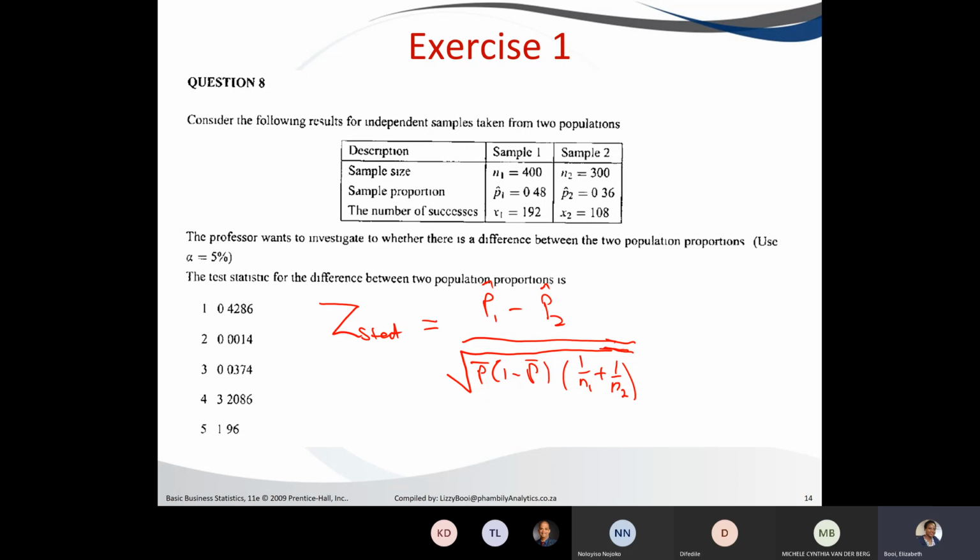And that's all they're asking you to calculate. And remember, your pooled estimate, not the variance, is given by x1 plus x2 divided by n1 plus n2.